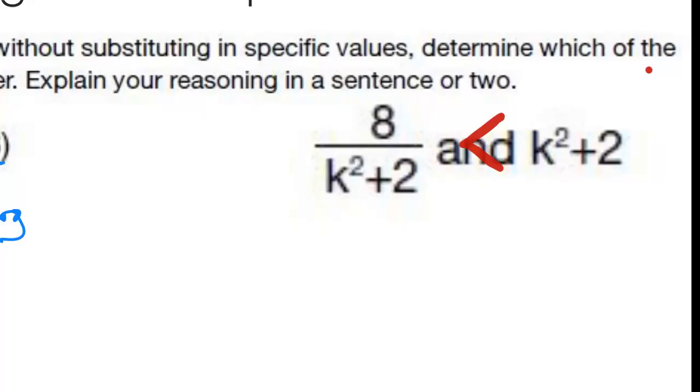Okay, so you're dividing. What are you assuming about this amount? Okay, you said you're dividing, so 8 divided by that amount. What are you assuming about that denominator?